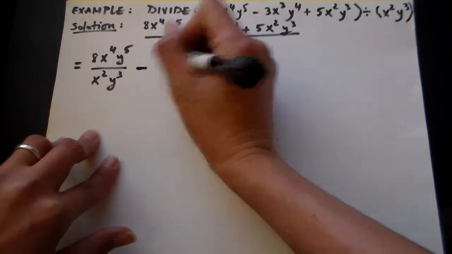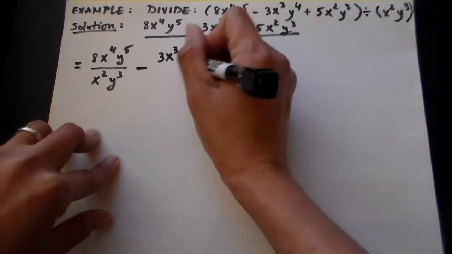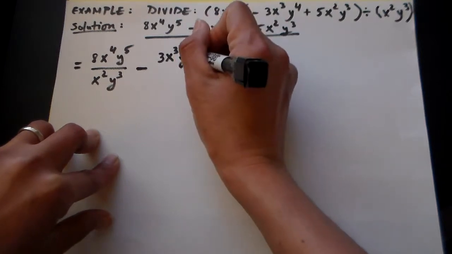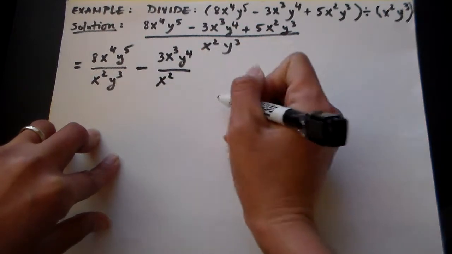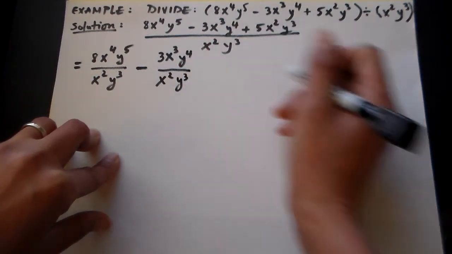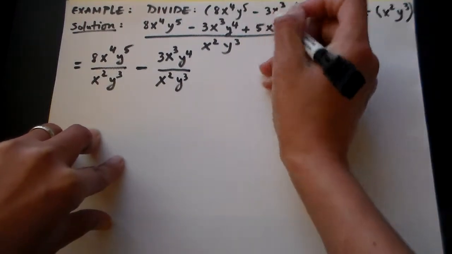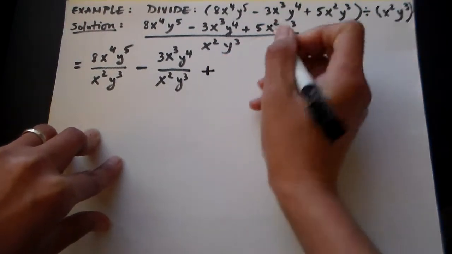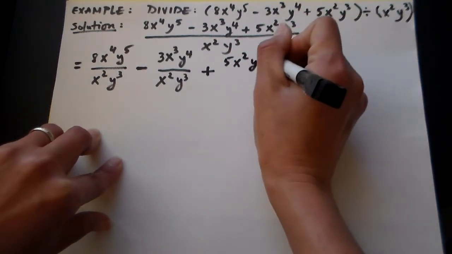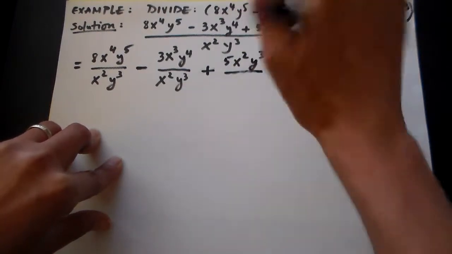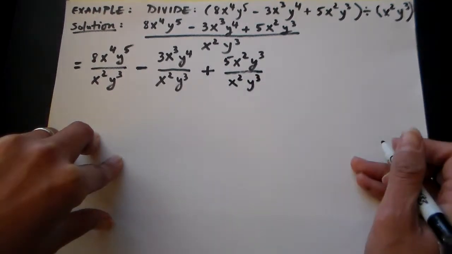So minus 3x to the 3rd power y to the 4th, divide by the denominator, x squared y to the 3rd, and then the last term has a positive sign, so the sign is the same, positive, 5x squared y to the 3rd power, divide by the denominator, x squared y to the 3rd power.